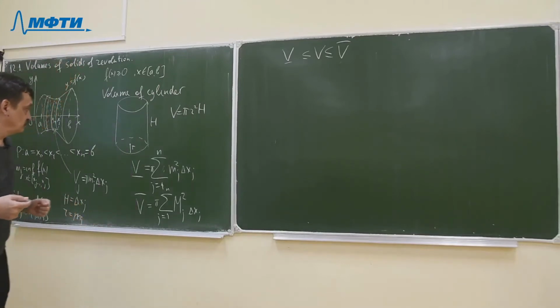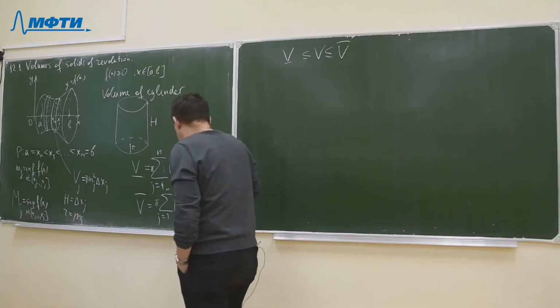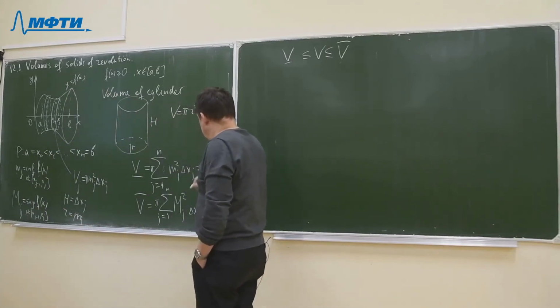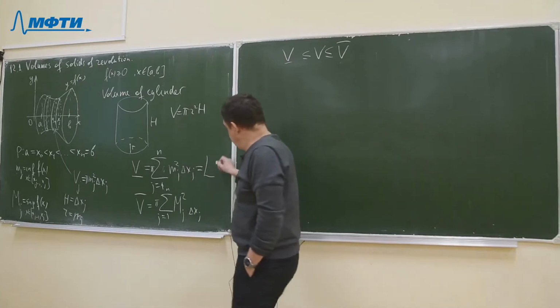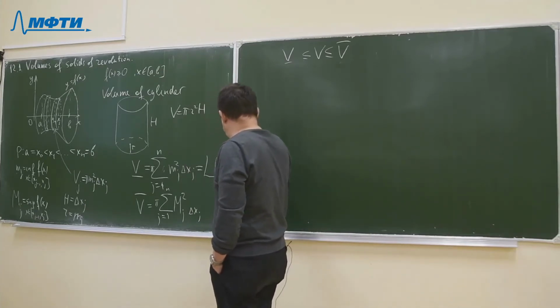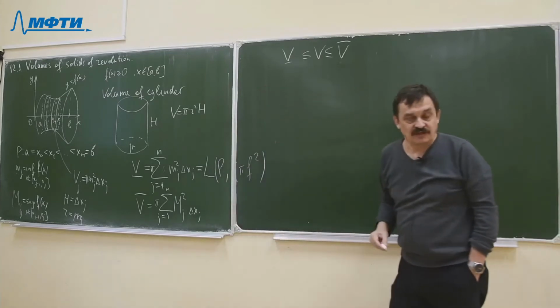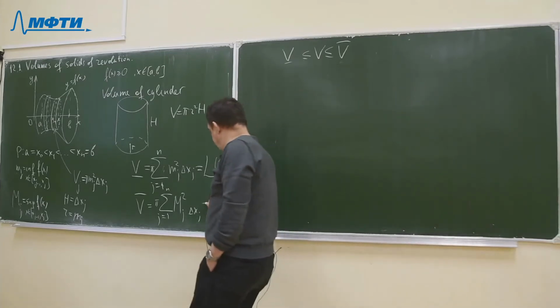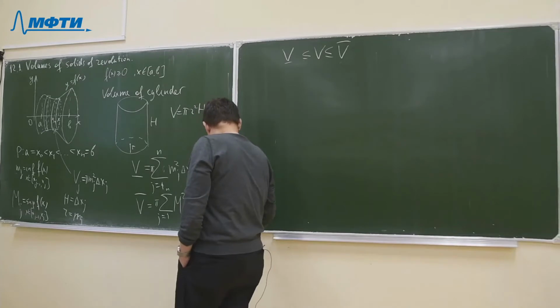But look, what is it? That is precisely the Leonidovich sum for the function pi f squared. And that is the Leonidovich sum for the same function.